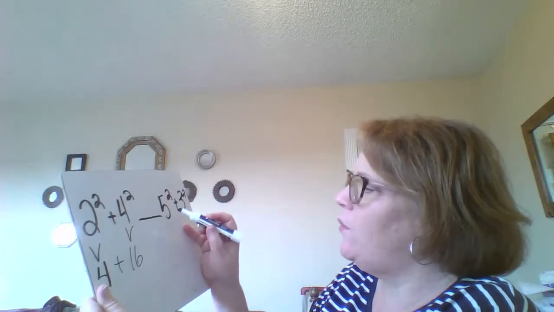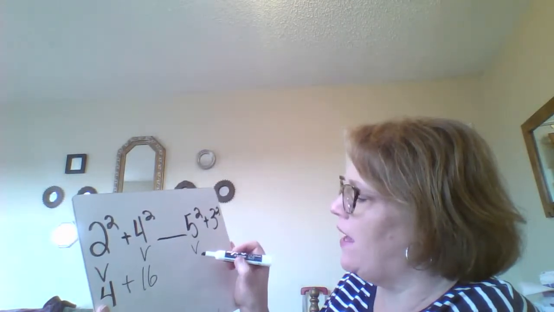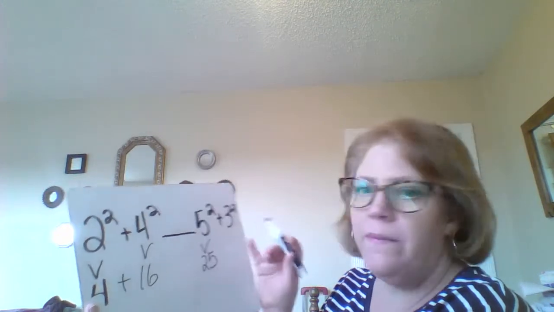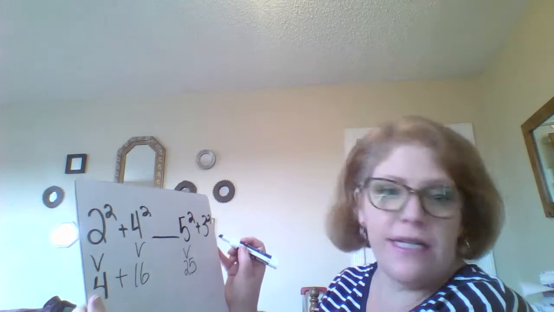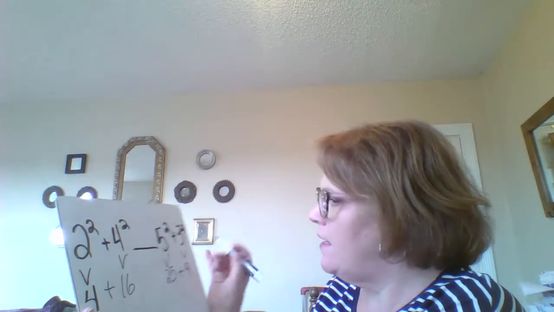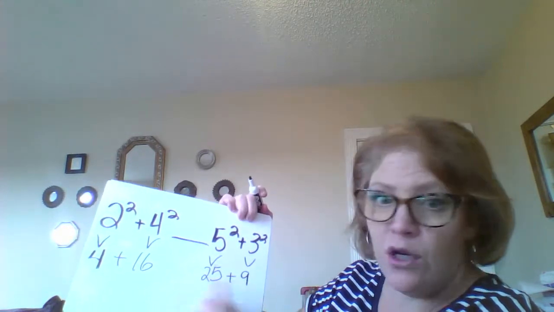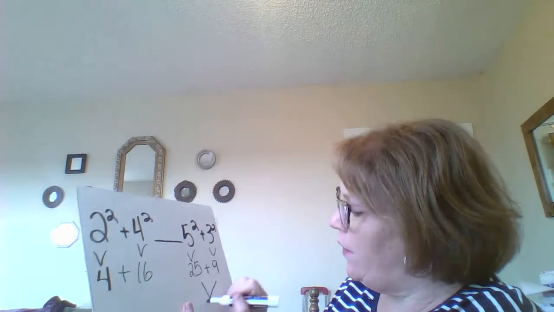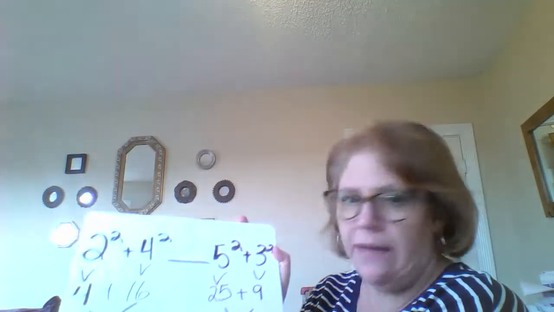On this side, we know that 5 to the second power is actually 5 times 5, which equals 25. And we also know that 3 to the second power is 3 times 3, which is 9. Okay. So now we're looking at 25 plus 9, which equals 34. And 4 plus 16, which equals 20.